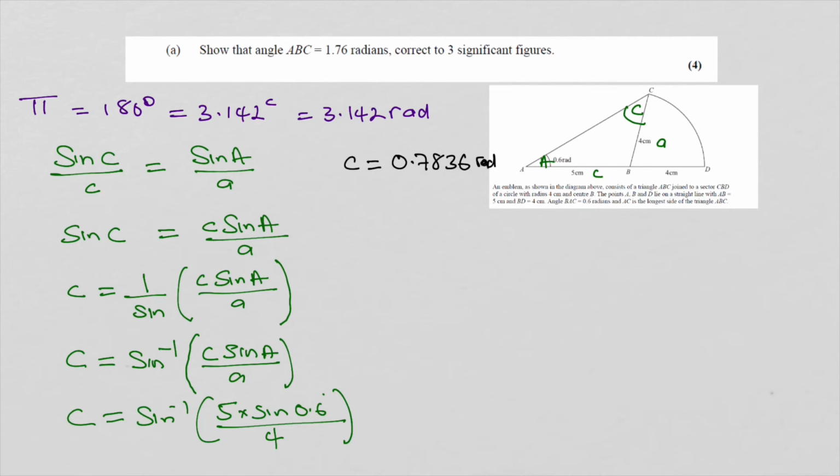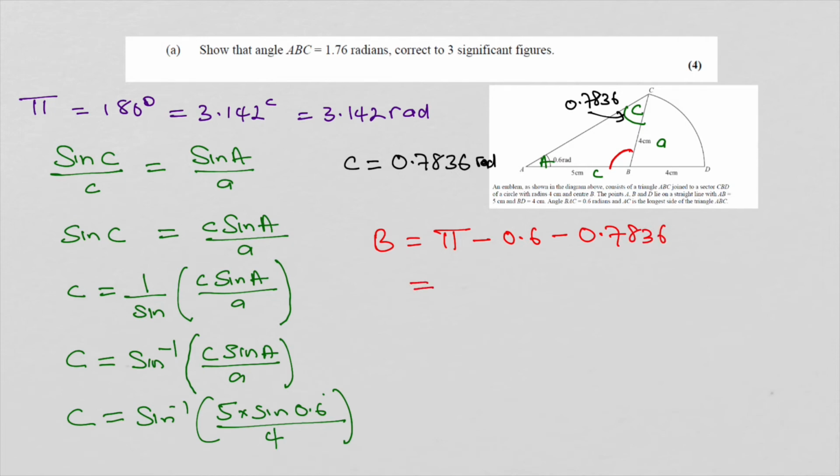Right, so now that's what C is. This value here is 0.7836. Now we need to find the angle B here. To find the angle B, that will be pi, because pi is the total angle in a triangle, which is 180, and pi is 3.142. So pi minus 0.6 minus 0.7836.